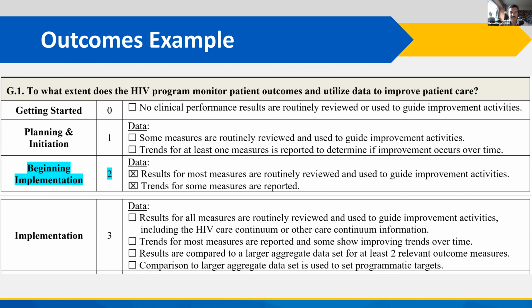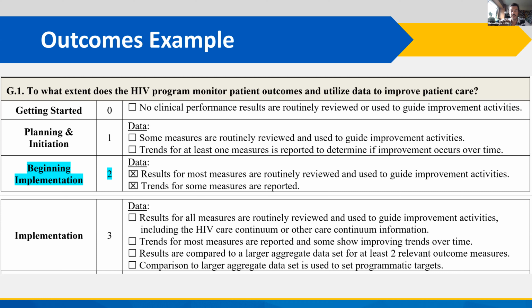How about this one in G? What would we recommend? And again, here for trivia fans, you can see how the language was adjusted to speak to agencies that are non-clinical. We're not only looking at retention and viral suppression, which is how this is originally written.